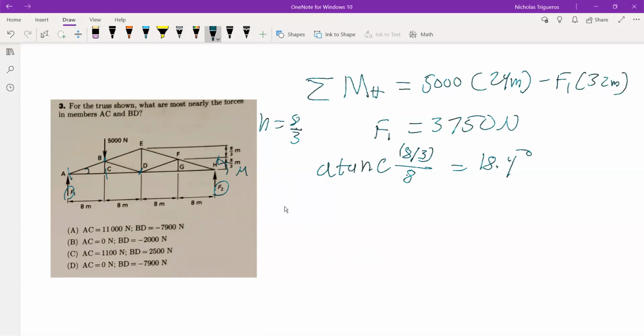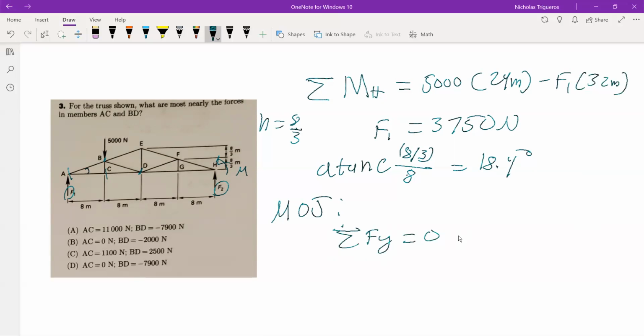So for this one in particular, we're going to do the method of joints. We start with joint A, or pin A, whatever you want to call it, since it's pinned at the edges. If we do the sum of the forces in the y direction, we can use this F1 to our advantage.